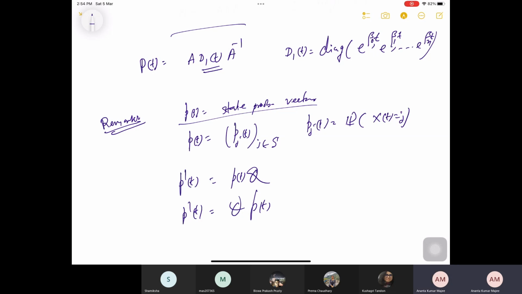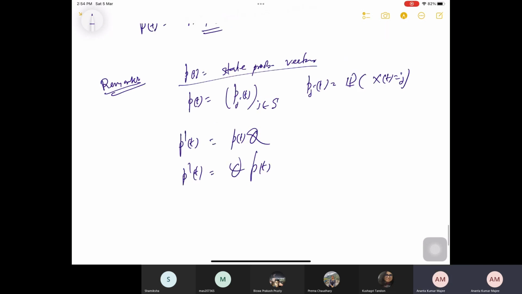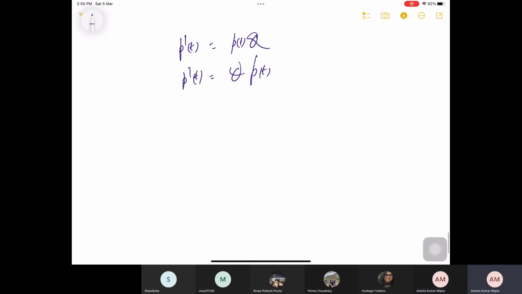Because it should be a vector, so maybe a transpose or whatever you are considering. So it is in this form. Okay. So that means we can solve to get P of t if the initial probability distribution P0 is given to you and the rate matrix Q. Okay, so you can find out your small Pj of t if the initial distribution and the rate matrix are given to you, you can solve this problem.